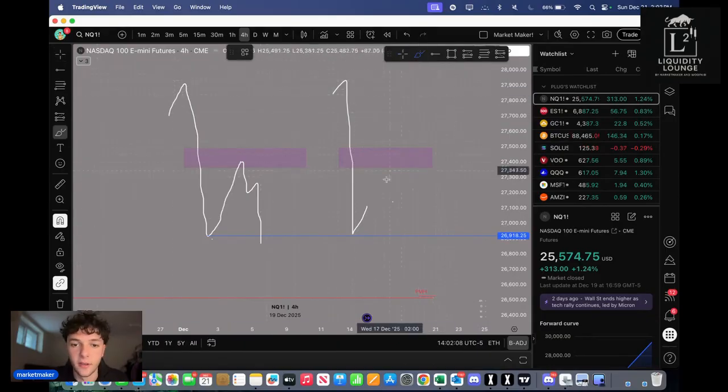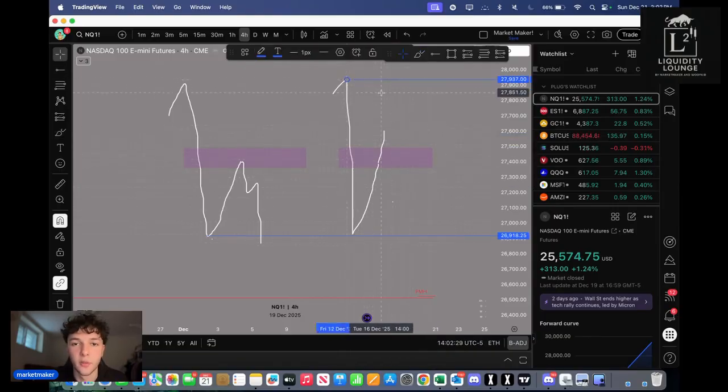Now let's say price retraces into this internal range liquidity, this IRL, but instead of respecting this level, we disrespect it, creating an inverse fair value gap. Now price isn't going to target this external range liquidity. Price is failing to offer fair value, so now we're going to seek the opposing liquidity, which would be all the way up here.